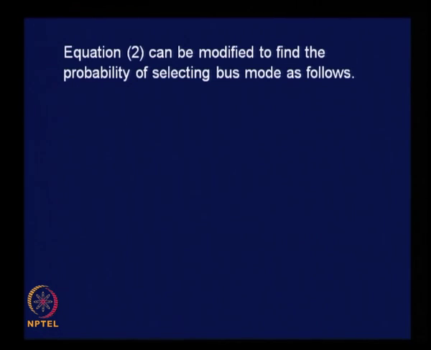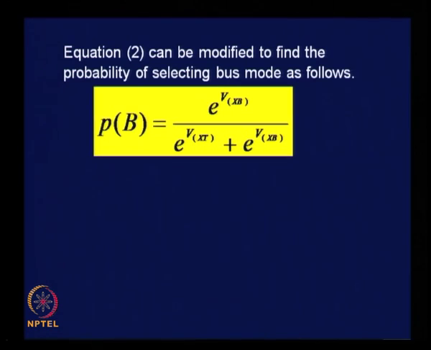Now, equation 2 can be modified to find the probability of selecting bus mode as follows. I will give equation 2 again here. This is equation 2 which we saw initially. Probability of choice of bus can be written as e power Vxb divided by e power Vxt plus e power Vxb.